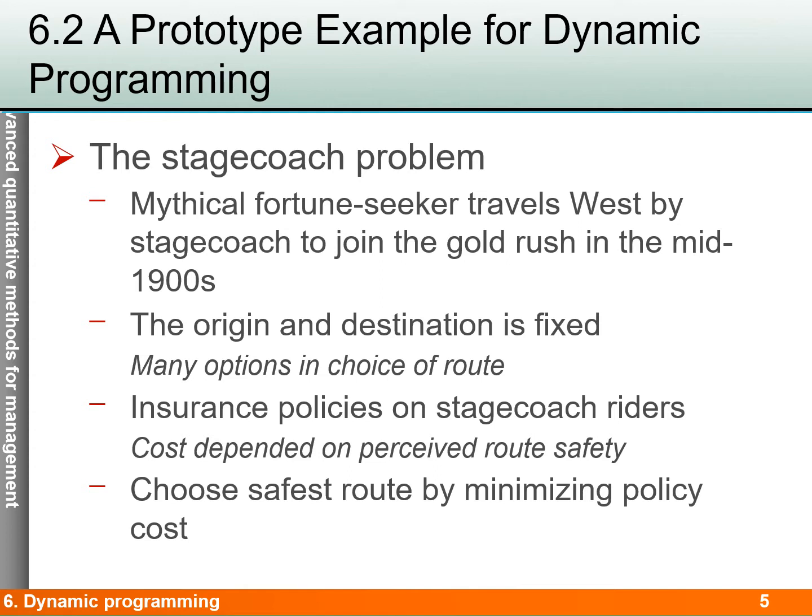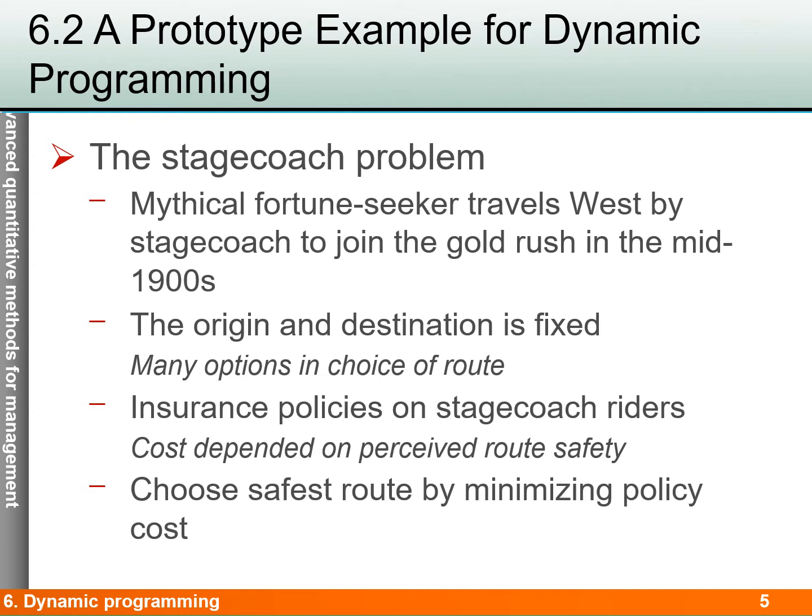Although his starting point and destination were fixed, he had considerable choice as to which states to travel through en route. Okay, so we know he starts from Missouri and he finishes in California. But between these two points, east to west, there are different options, different ways, different roads that this fortune seeker can select.